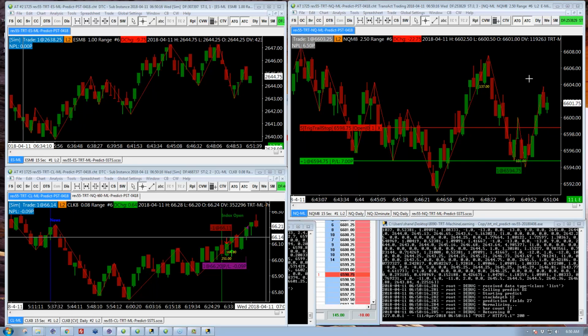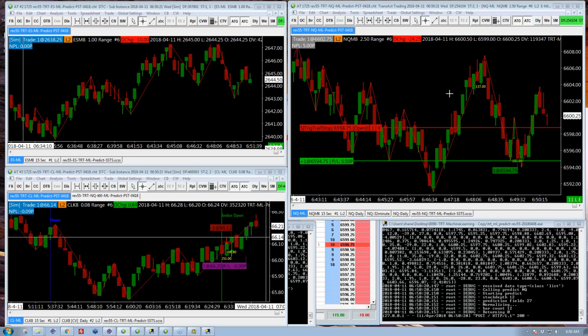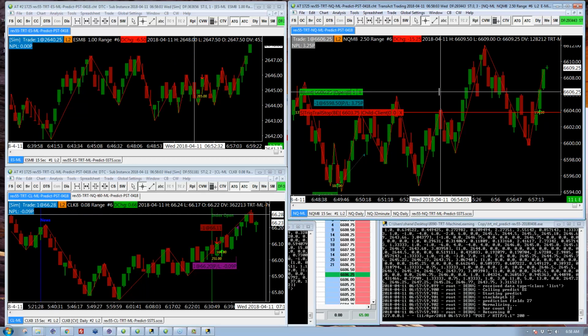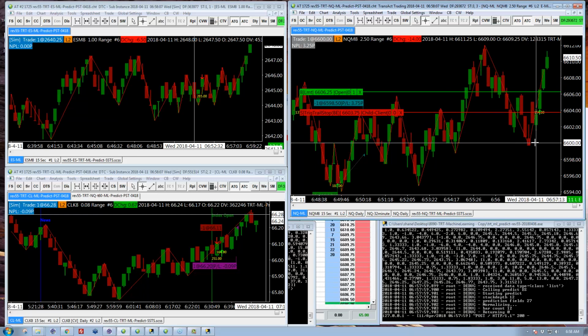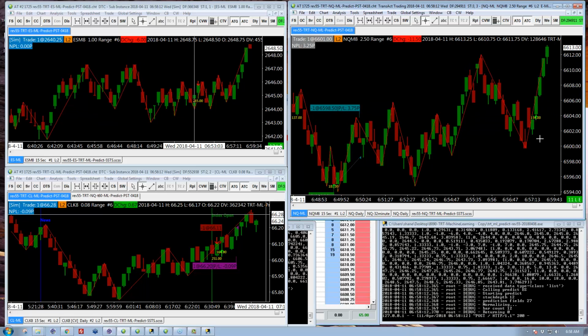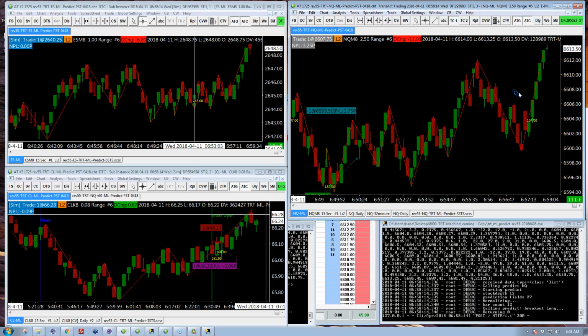The target is mechanically set way out there, 80 ticks, and we're just trailing by 20 now. So order placed long, but it's going to cancel because we didn't get filled. As soon as 2 bars draw, it cancels the order for us automatically. So we missed that one here.